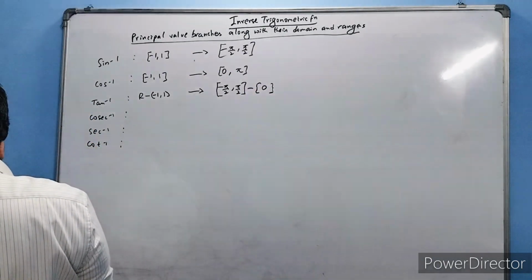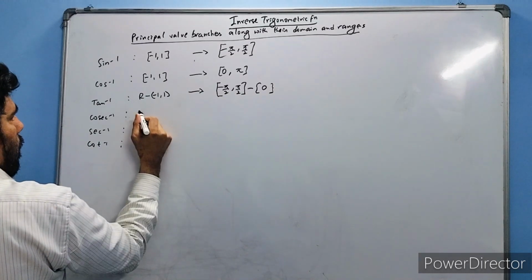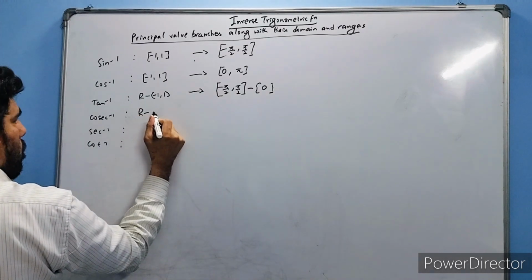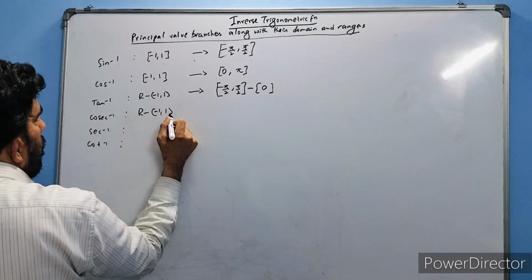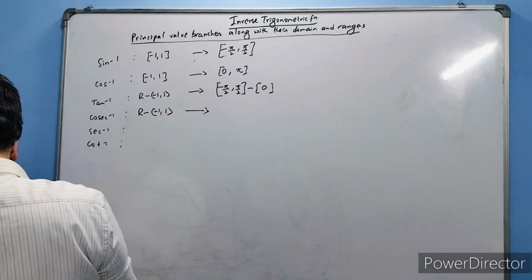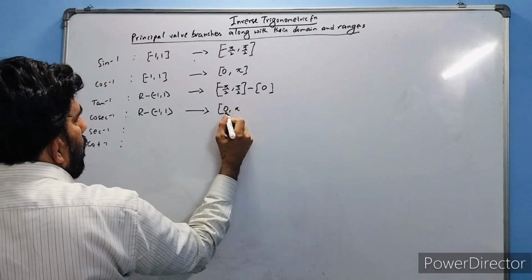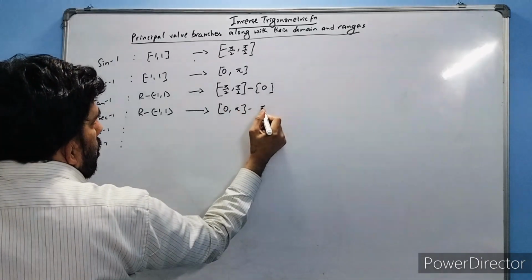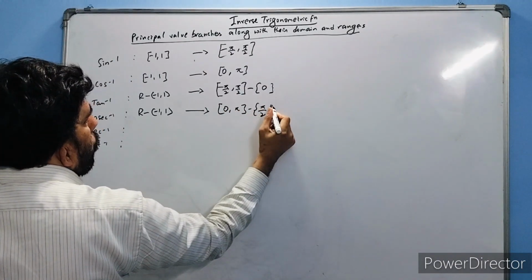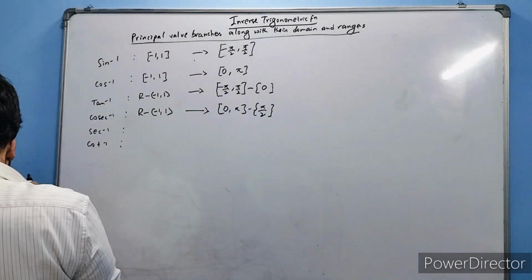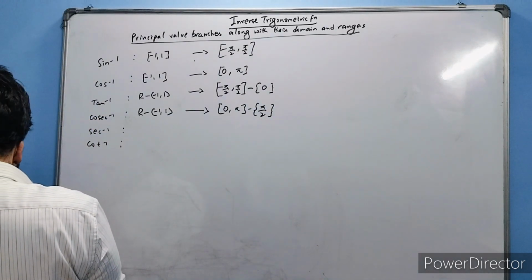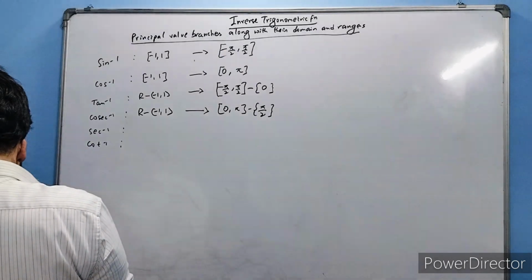Now we have cosec inverse. Zero to pi, minus pi by 2, it doesn't include this. Now they have sec inverse.